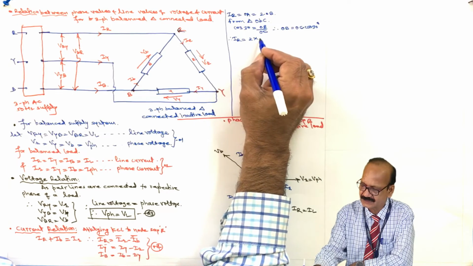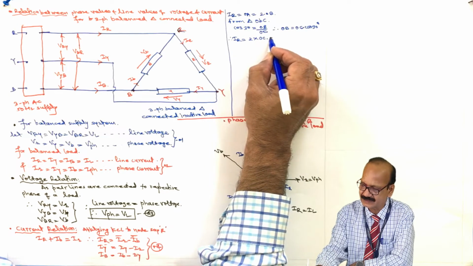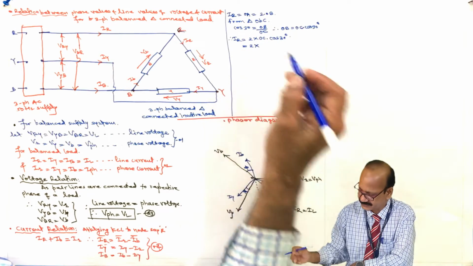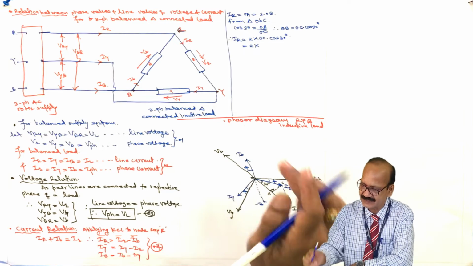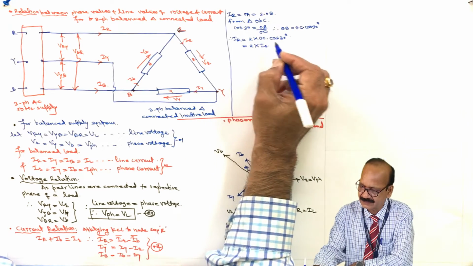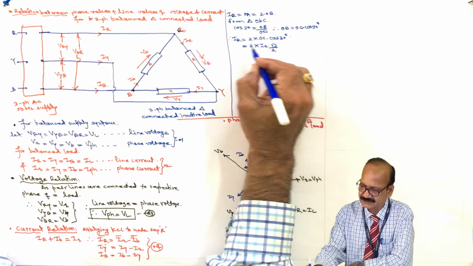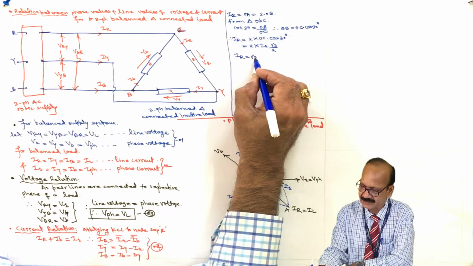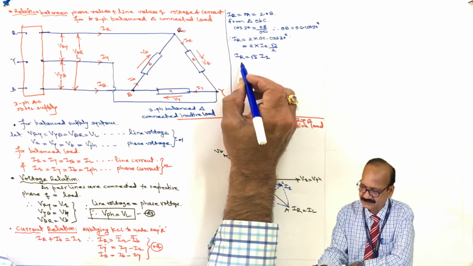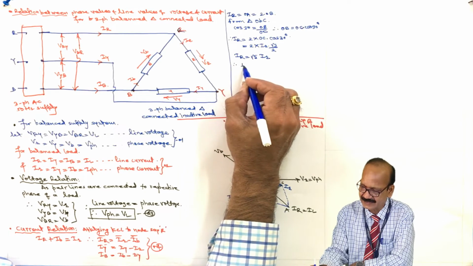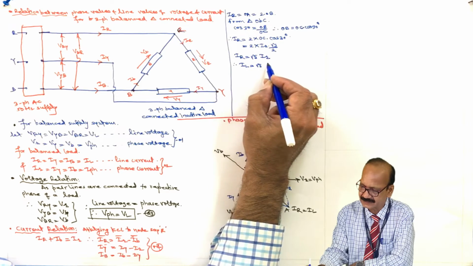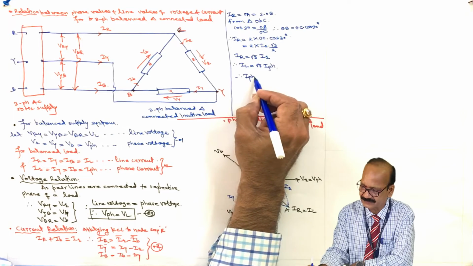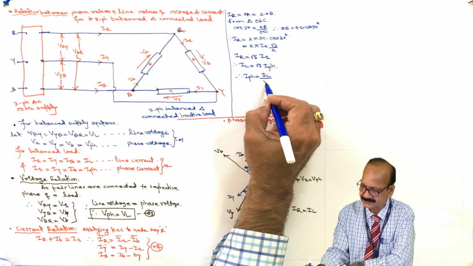So 2 times OB is nothing but OC into cos 30. Therefore it is 2 multiplied by OC. What is OC? OC is nothing but I small r. And cos 30 is root 3 by 2. So this 2 will cancel, and capital IR equal to root 3 I small. The capital IR is nothing but IL equal to root 3 IPH. And therefore, IPH equal to IL upon root 3.